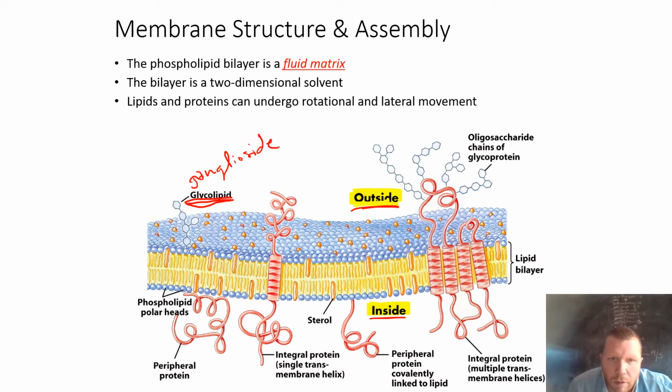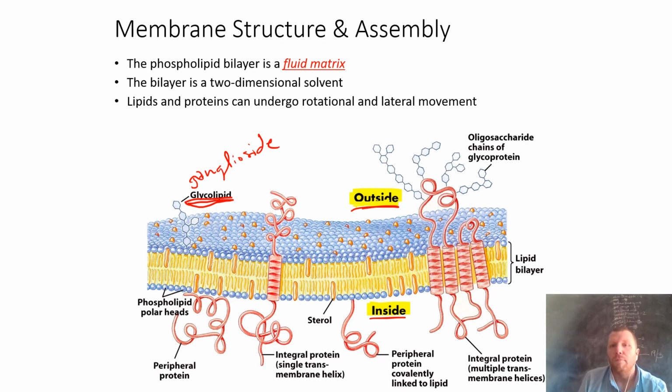First of all, glyco, you should be thinking about sugars. We've got a glycolipid where there are a bunch of sugars affixed to a lipid. So these hexagons here, think about those as your general structure for a sugar. Those are going to be on the exterior of the cell.